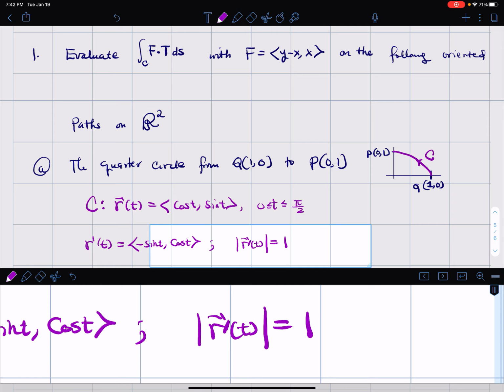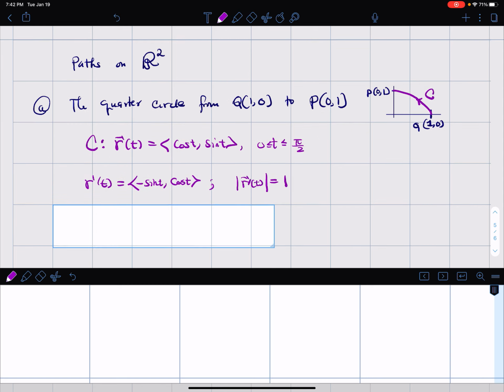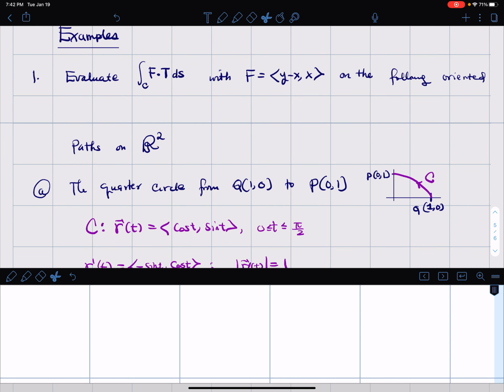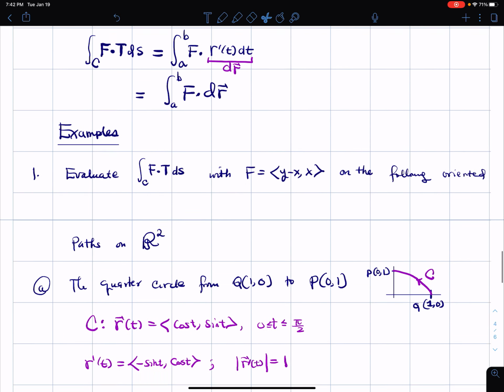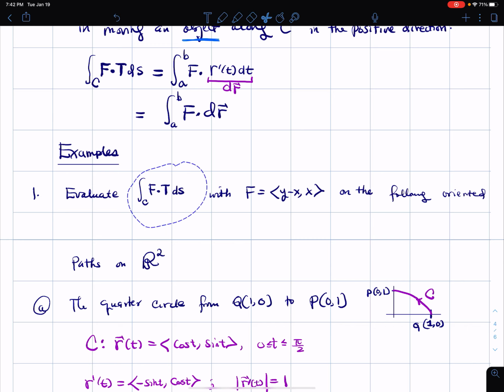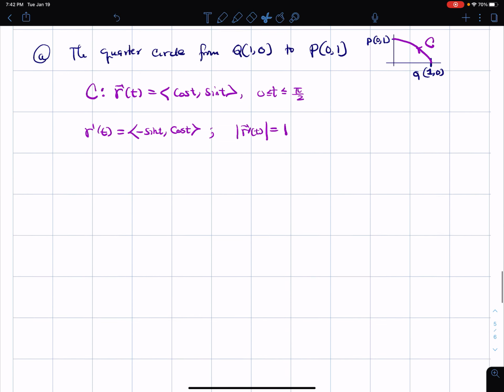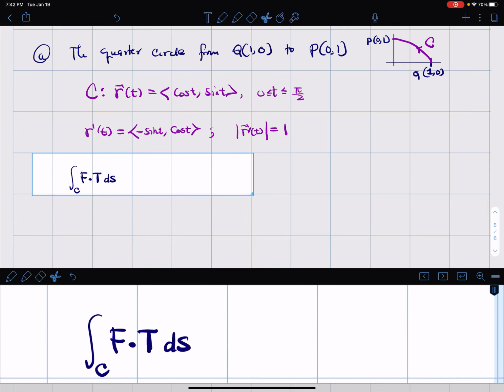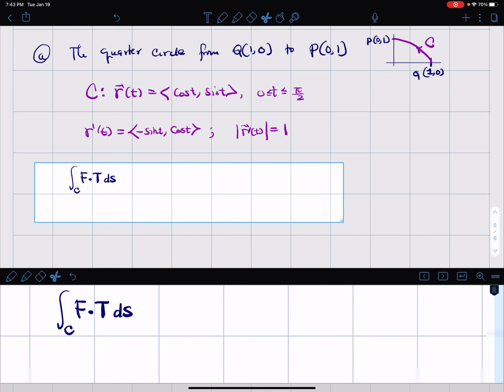Now, we want to find this integral, the vector line integral, the line integral of a vector field. That's what we want to find.